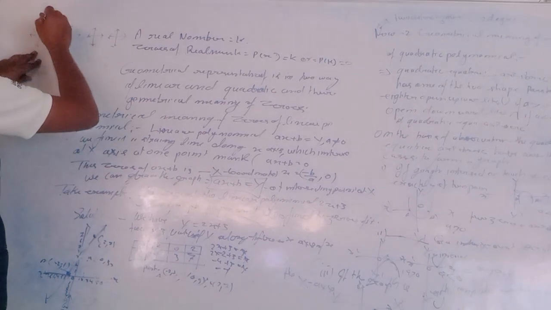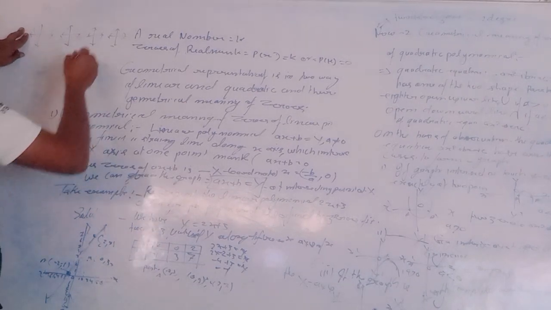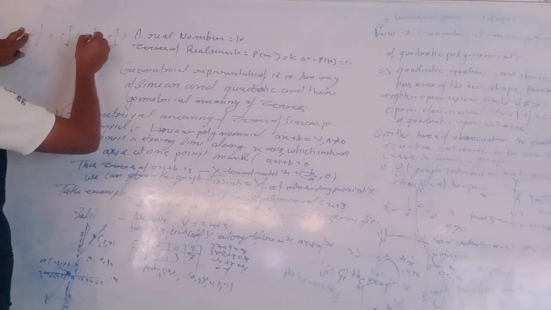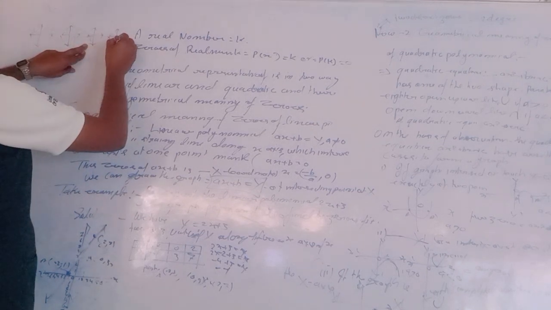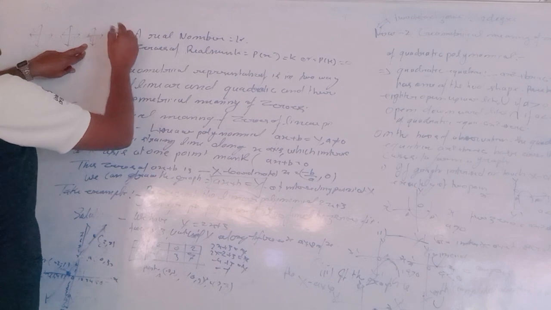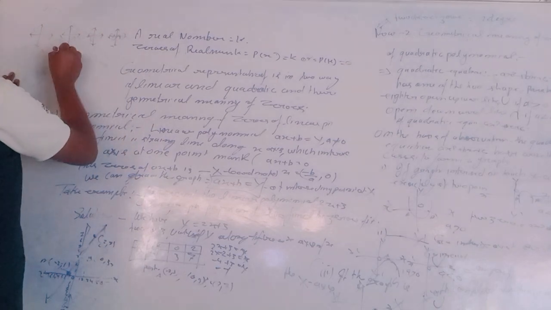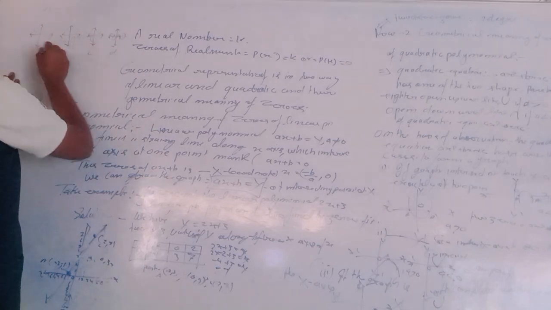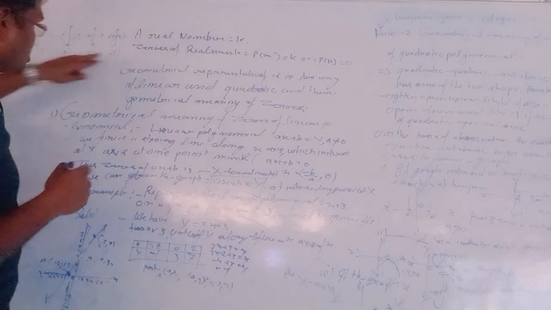This graph is like this, the second graph is below like this, the third graph is here like this, and the fourth graph is like this. So options A, B, C, and D, 4 graphs are given here.